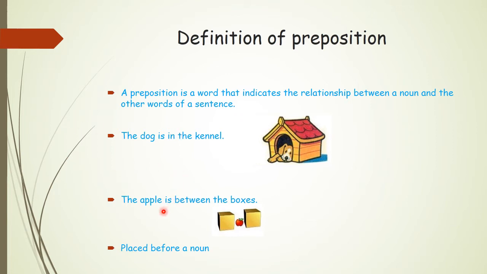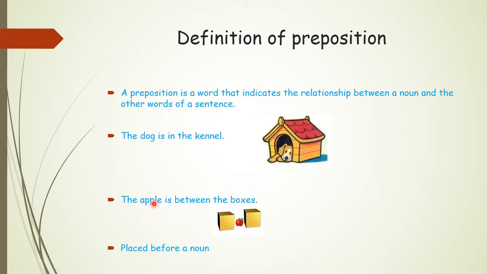Another example, the apple is between the boxes. Here it shows the relationship between the apple and the boxes. So prepositions always show the relationship between a noun and it could be another noun or other words of a sentence.